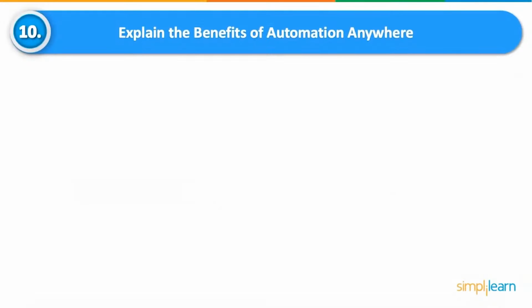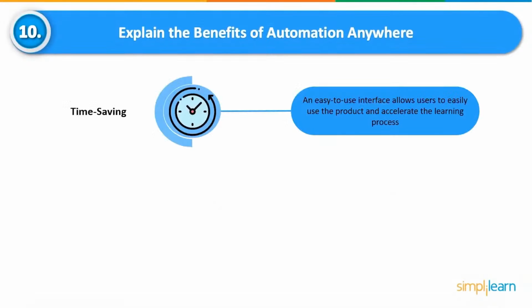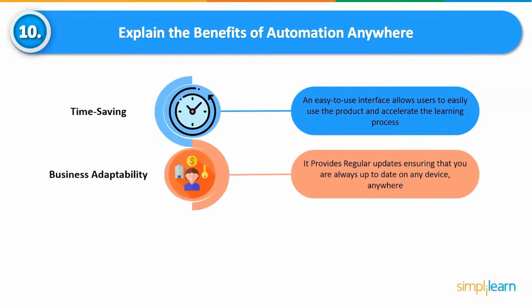Explain the benefits of Automation Anywhere. Time saving: an easy-to-use interface that allows users of varying skill levels to easily use the product and accelerate the learning process. With instant web-based deployment, you can get started with writing bots right away. Business adaptability: Automation Anywhere provides regular updates, ensuring that you are always up to date on any device anywhere.